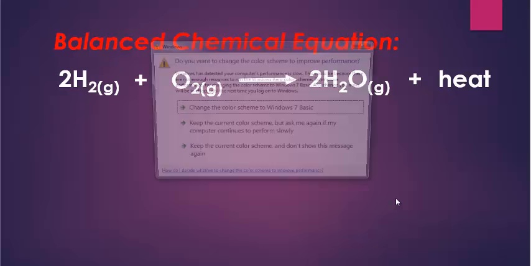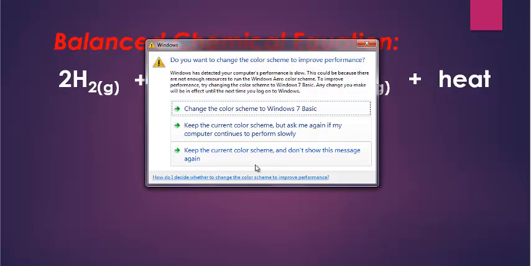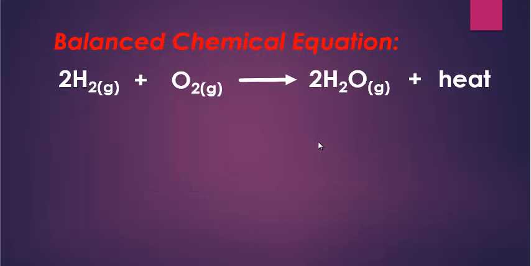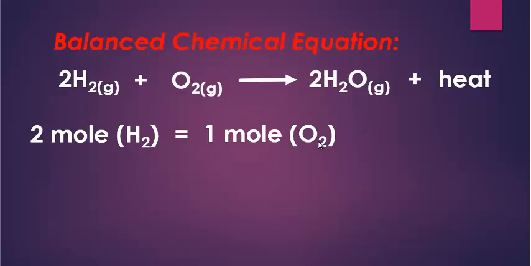This is what stoichiometry is based on. It means 2 moles of hydrogen is equivalent to 1 mole of oxygen, which is equivalent to 2 moles of water.